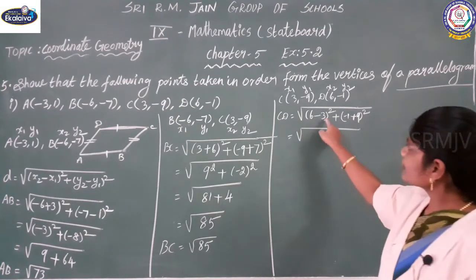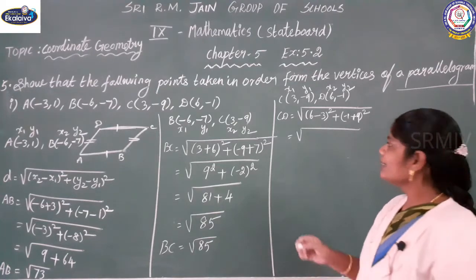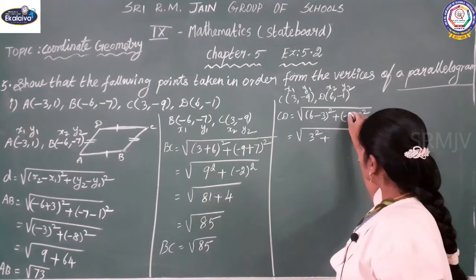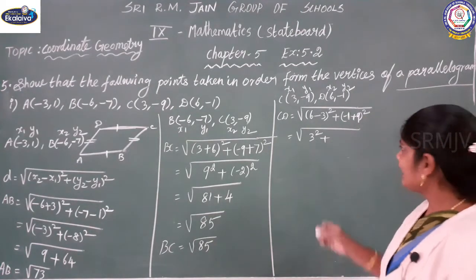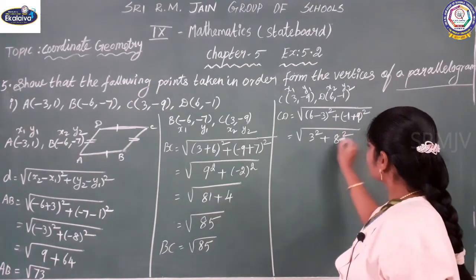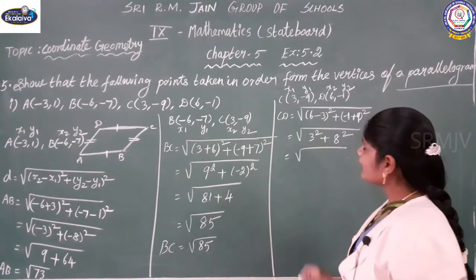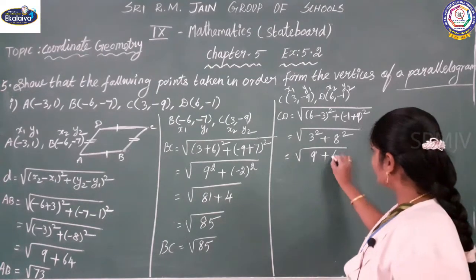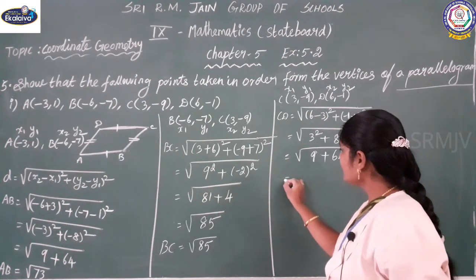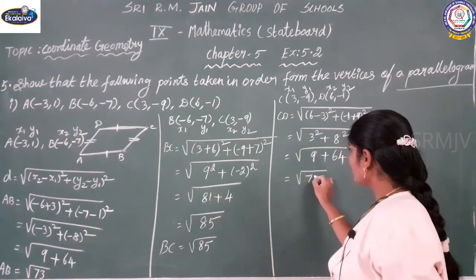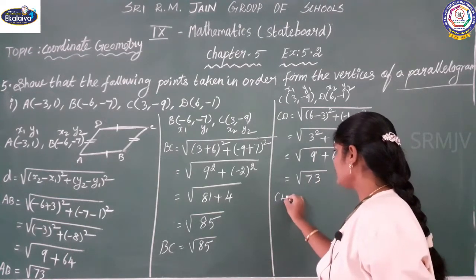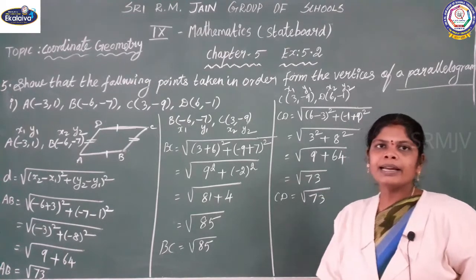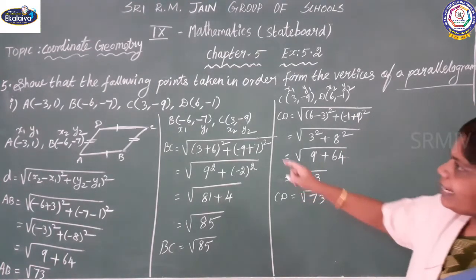Root of 6 minus 3, what you will get, children? 3. 3 square plus minus 1 plus 9. What you will get? 8 square. 3 square 9 plus 8 square 64. So when we add this, what you will get, children? Root of 73. So CD equal to root of 73. Okay. Next we are going to find DA.